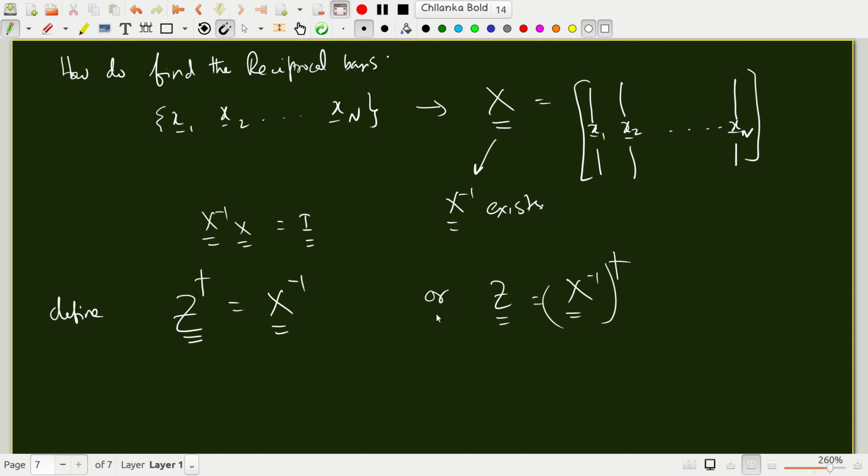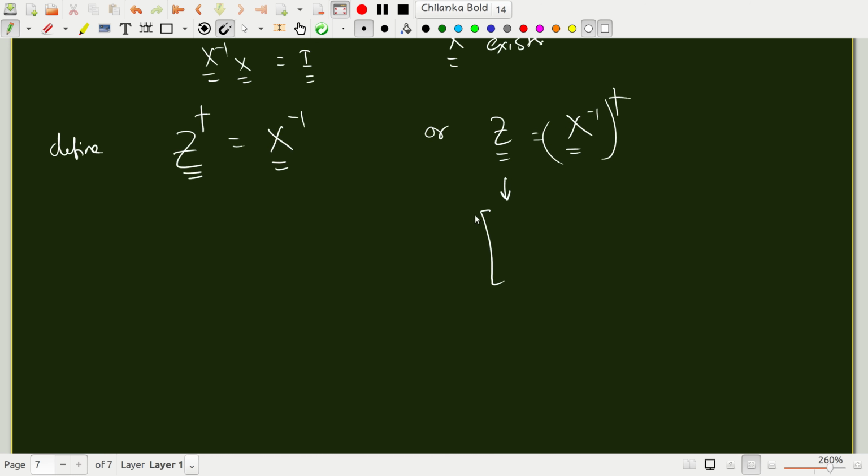So if I find X inverse, I can find the matrix Z. Now that will comprise a bunch of column vectors z1, z2, up to zn.